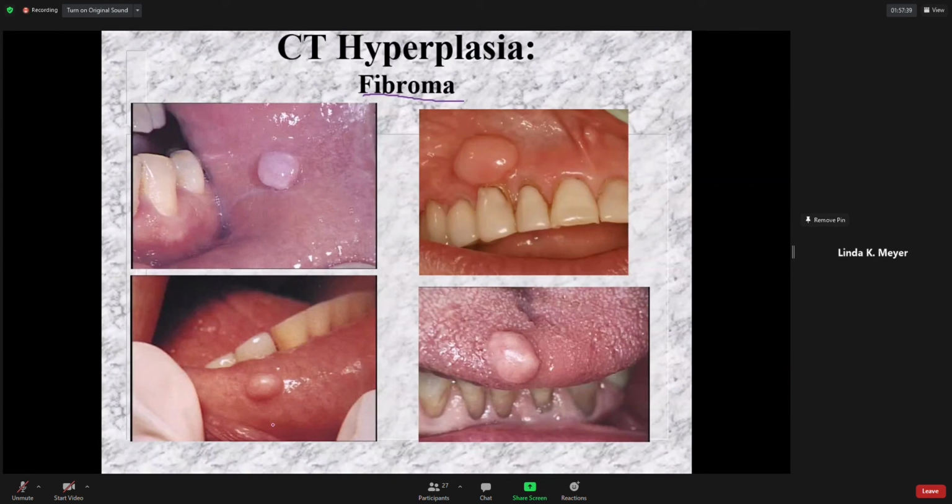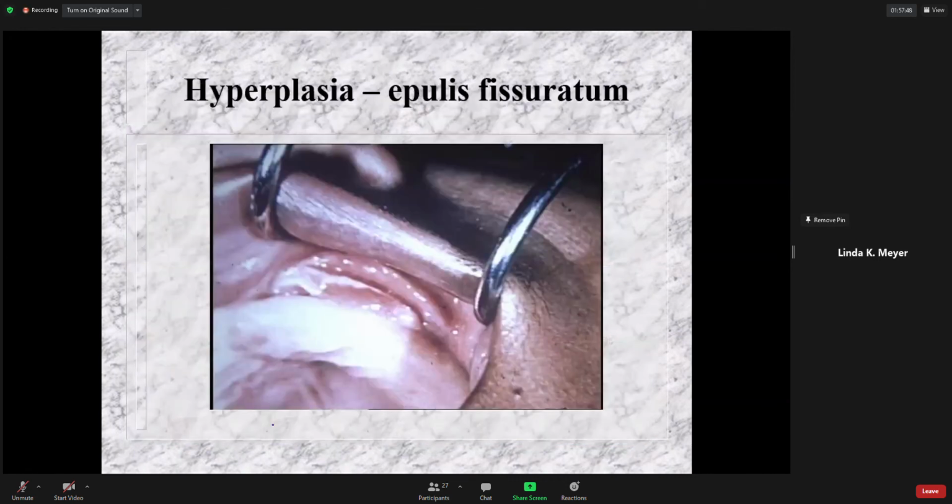Very, very common oral lesion. And then I showed you this earlier. This is a fibrous overgrowth, connective tissue hyperplasia related to an ill-fitting denture. The border fits right in there, and on either side we see these hyperplastic areas of connective tissue.